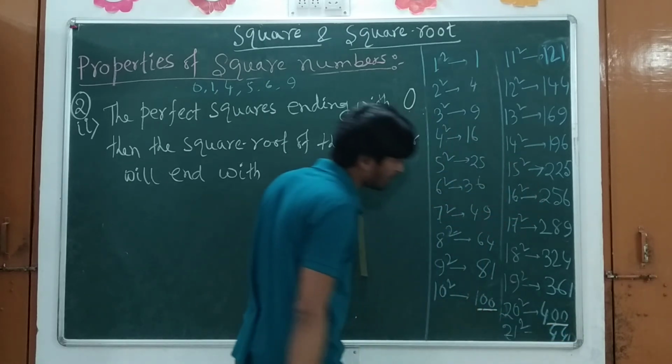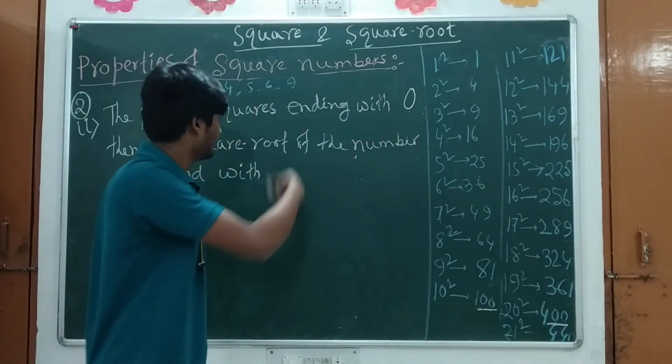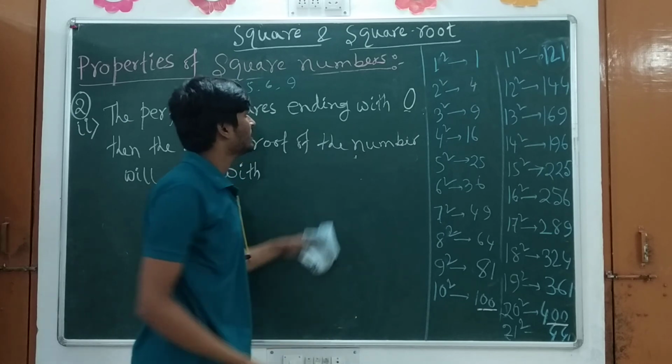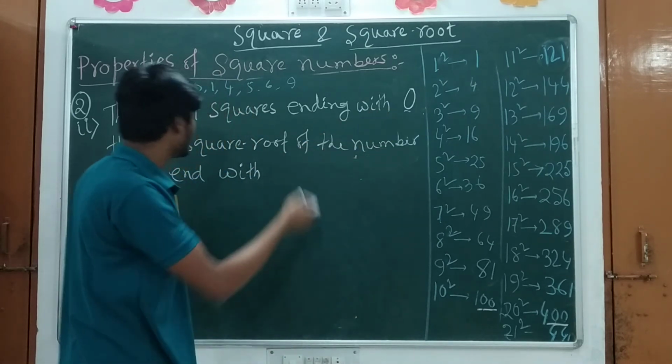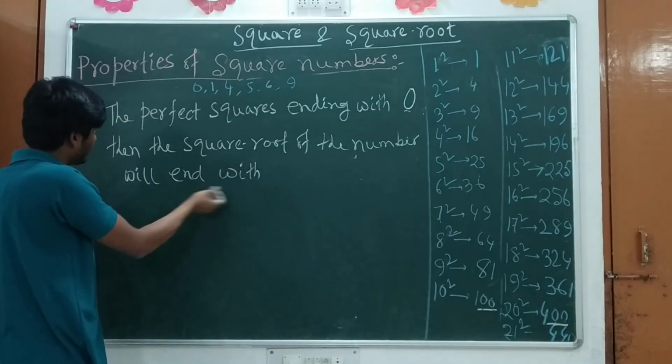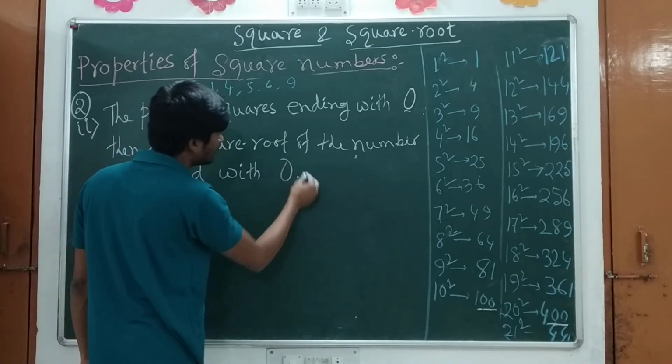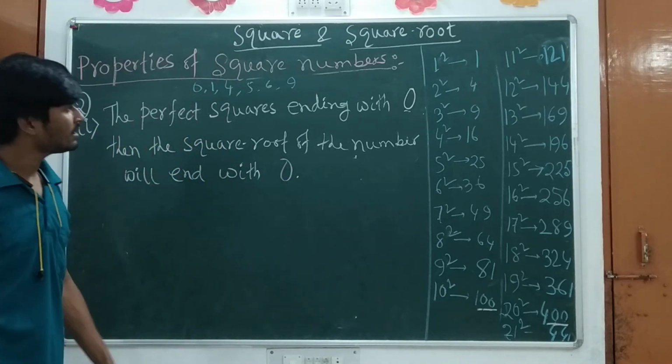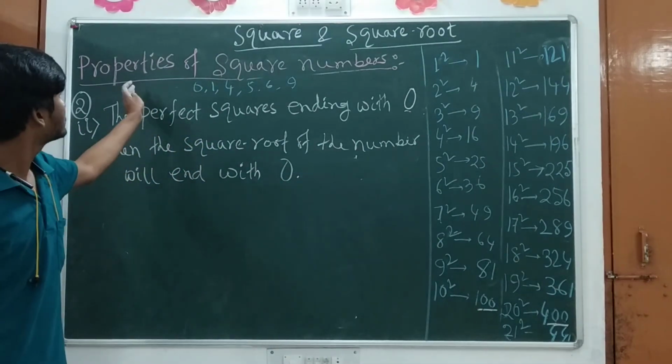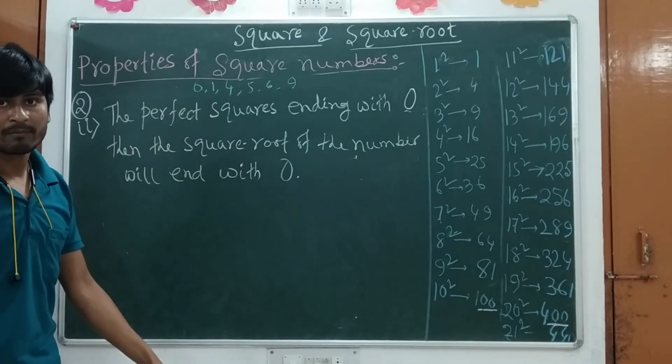I am writing one 0 only, but it has to be two 0s. If it ends with two 0s, then the square root will also end with 0. This is very obvious. So these are some interesting properties of square numbers and square roots.